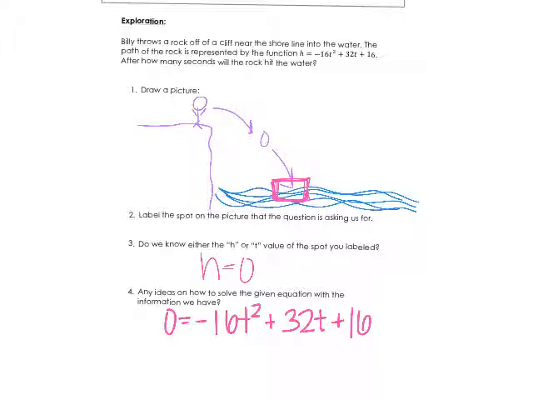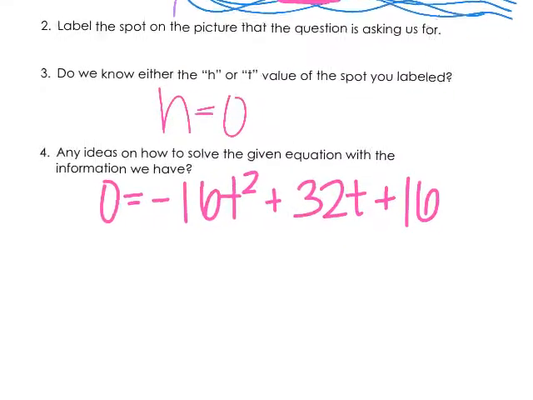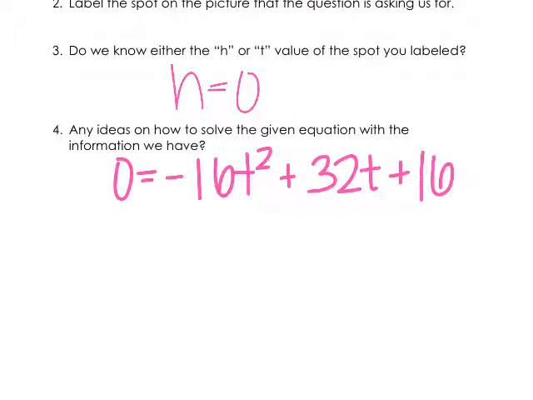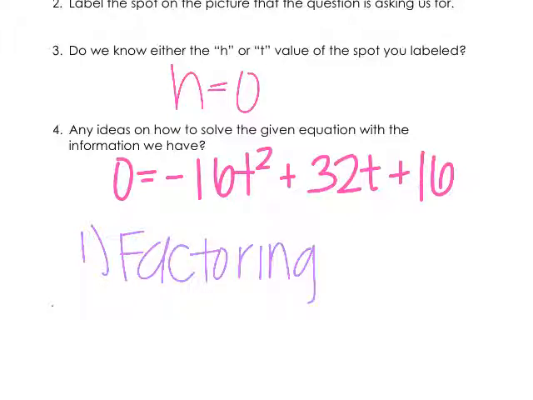So what types of methods do we have for solving this? What do we have? We have factoring, where we can go ahead and take the GCF. So our first is factoring. And our second method is what?